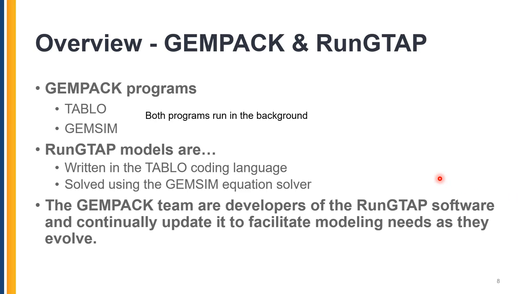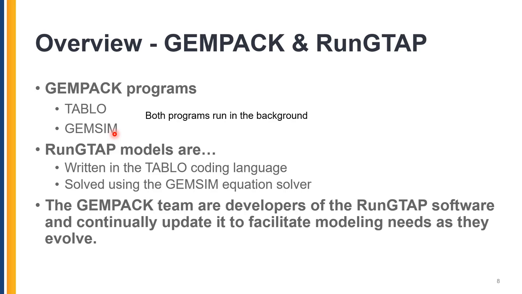Okay, just a review on the hierarchy here. We are going to be using RunGTAP. RunGTAP is our simulation builder. It's our file handler. The GTAP programs in the background are Tableau and GemSim. We won't have to engage those. RunGTAP is going to give it the instruction, now is the time to do the Tableau evaluation of the code and make sure the code has no errors in it.